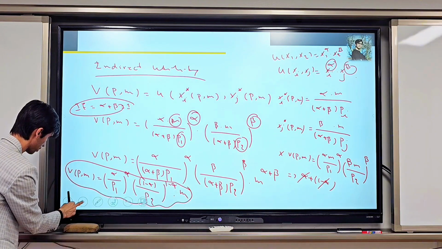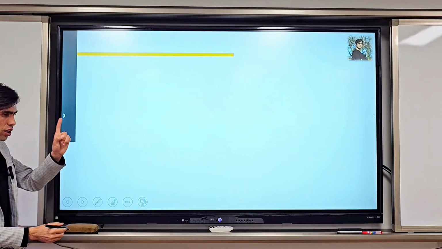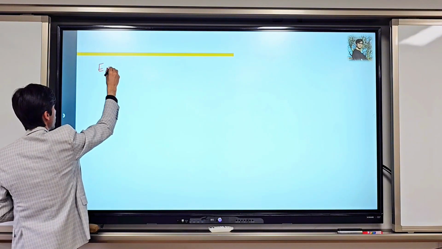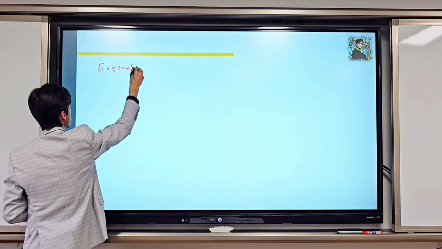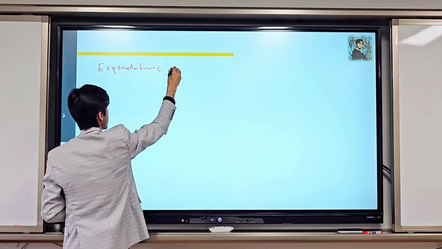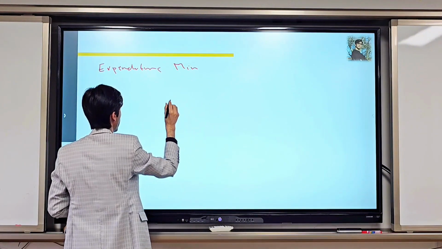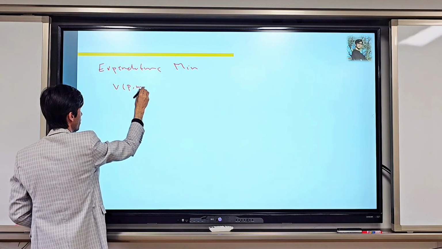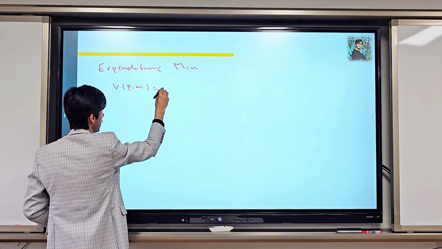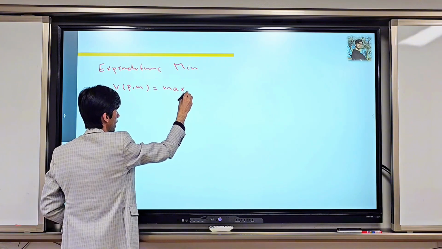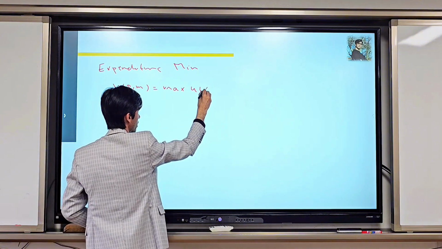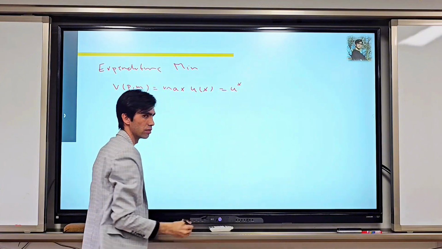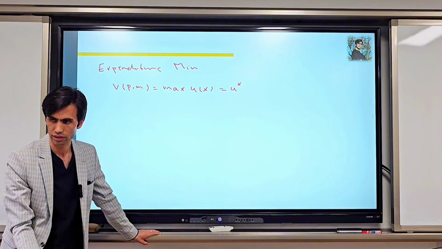Now, one of the things, when we are finding our expenditure minimization, we think that the utility that we receive from P and M, we receive it from the maximization of U of X, as we get something, U star or U bar, anything you like.